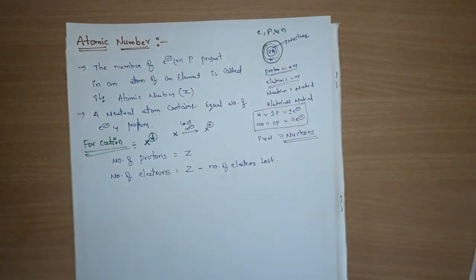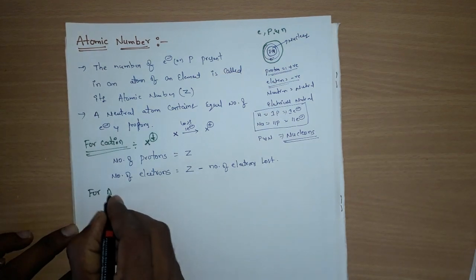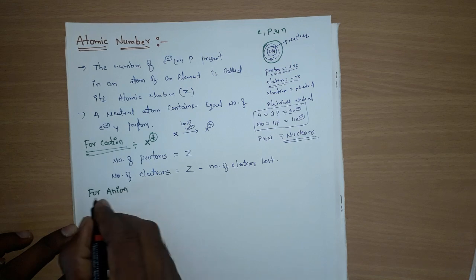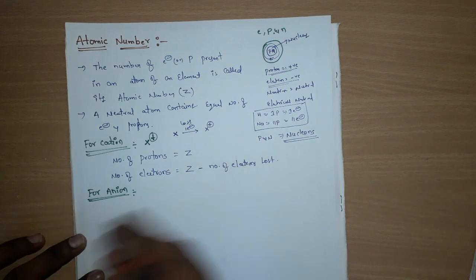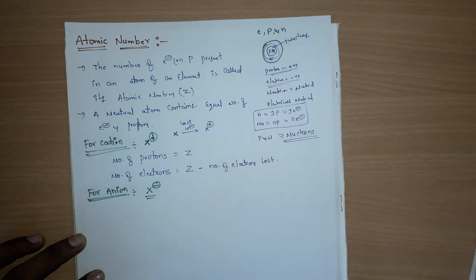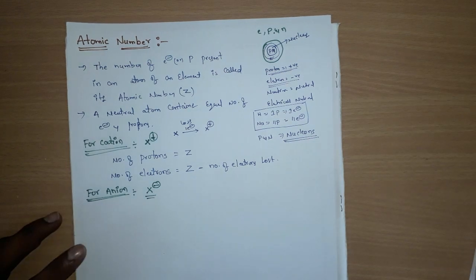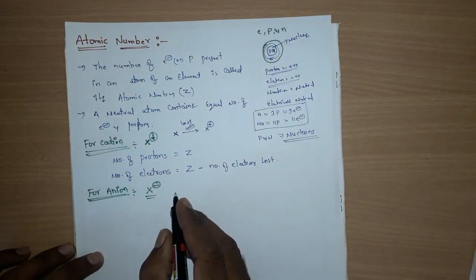Next, if you take an anion, the atom contains negative charge. Negatively charged species are known as anions. How does an atom get negative charge?